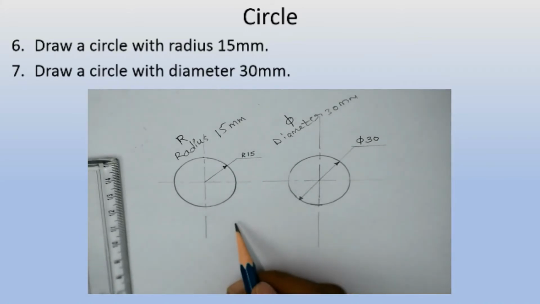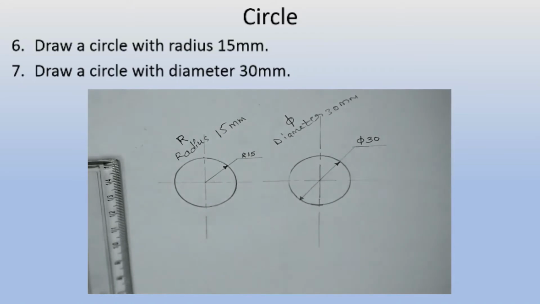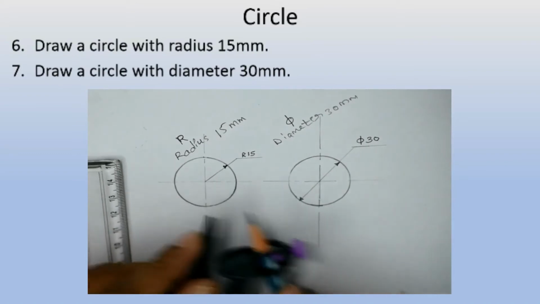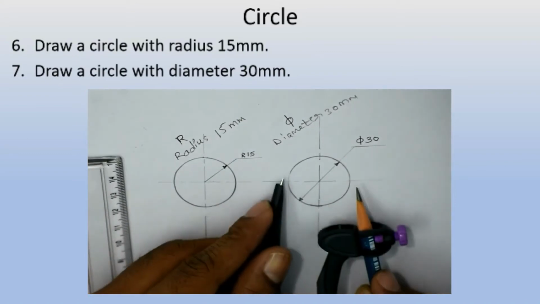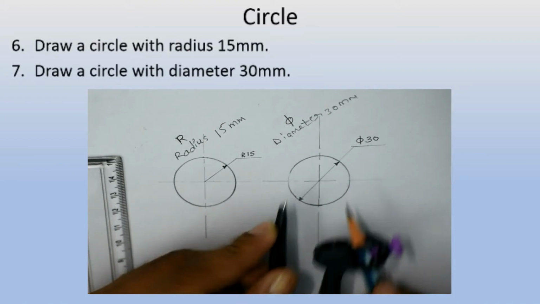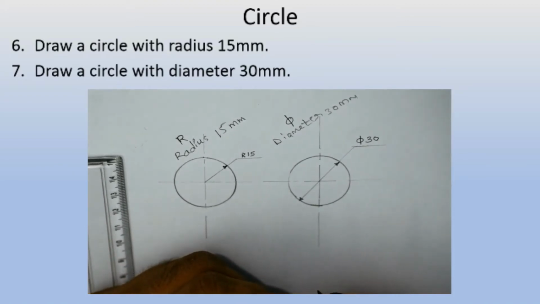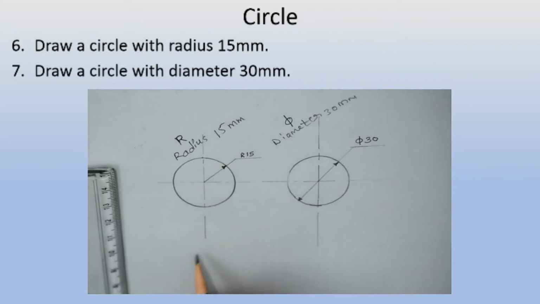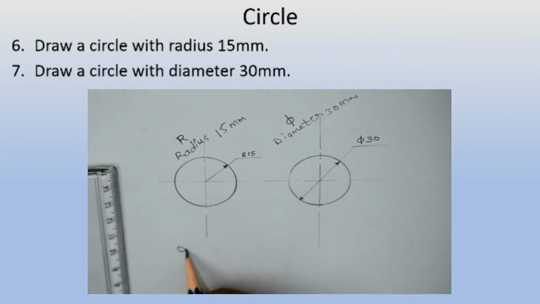So the important thing we have observed from these two problems is that the relation between the radius and diameter is that diameter is twice the radius. We have known this already from our lower classes, but still many students suffer during practice and exam halls.